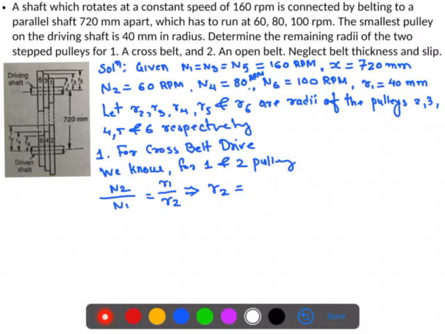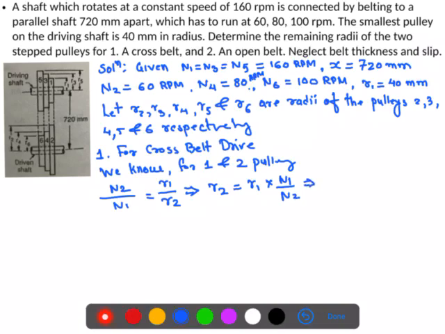Okay, this formula: R2 is equal to R1 multiplied by N1 divided by N2.